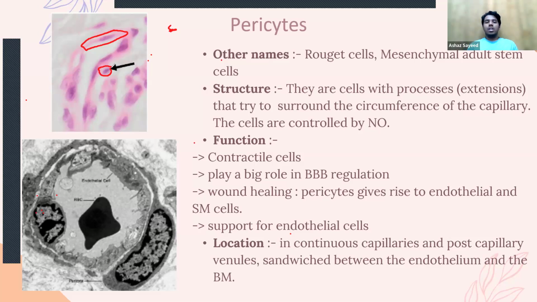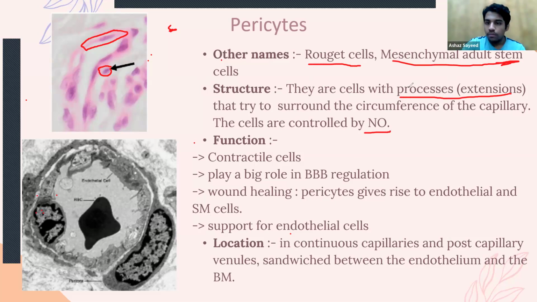Its other name is a Rouget cell, and it's a mesenchymal adult stem cell, so it also acts like a stem cell. As for structure, they are cells with processes that surround the circumference of the capillary, and these cells and their functions are controlled by nitric oxide. NO is the short form of nitric oxide.